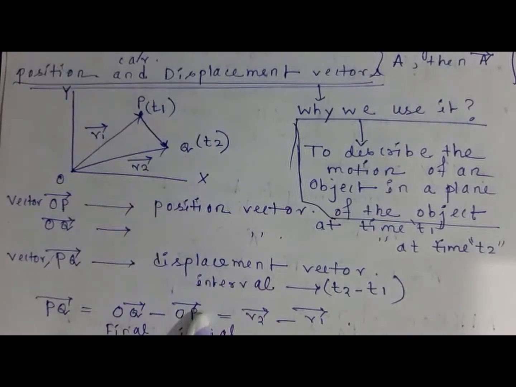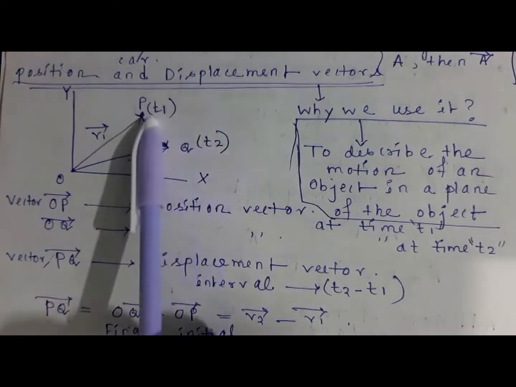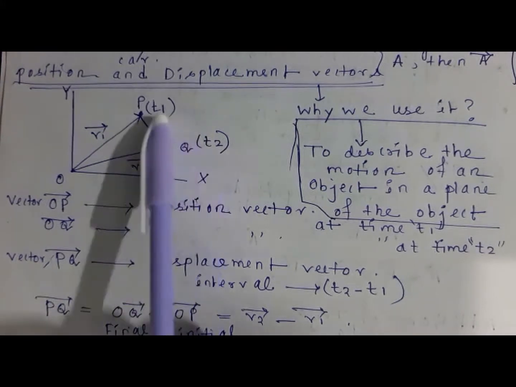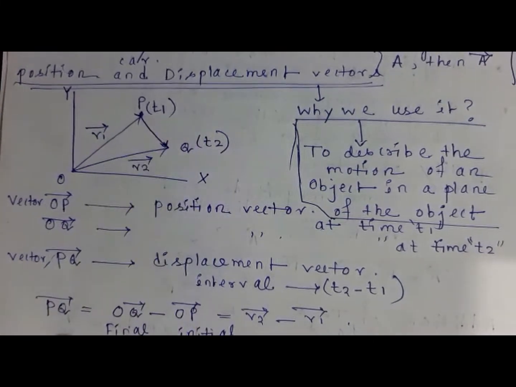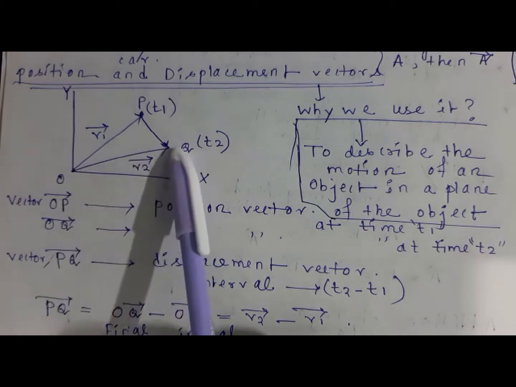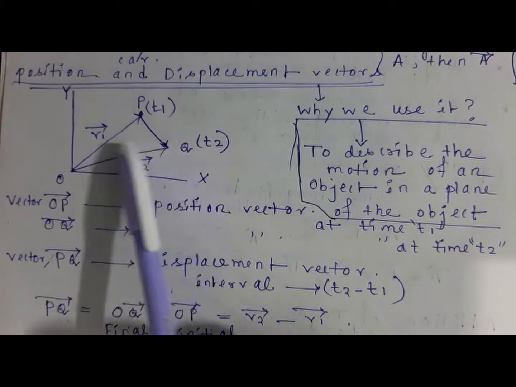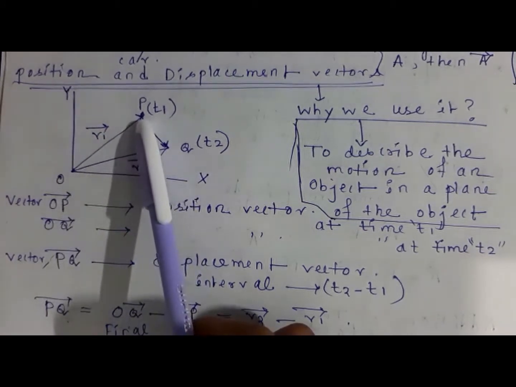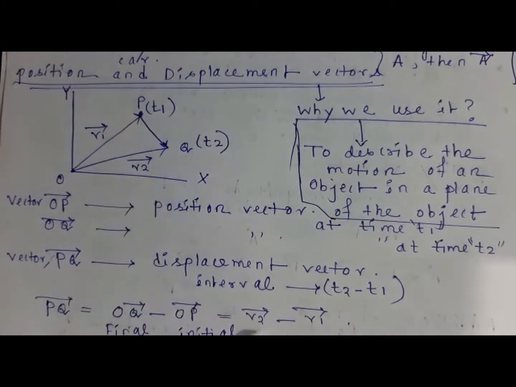Now for PQ, what's the time interval? That's t2 minus t1, meaning final minus initial time. And for the PQ vector, it is OQ, your final position vector, minus your initial position vector, so r2 vector minus r1 vector.